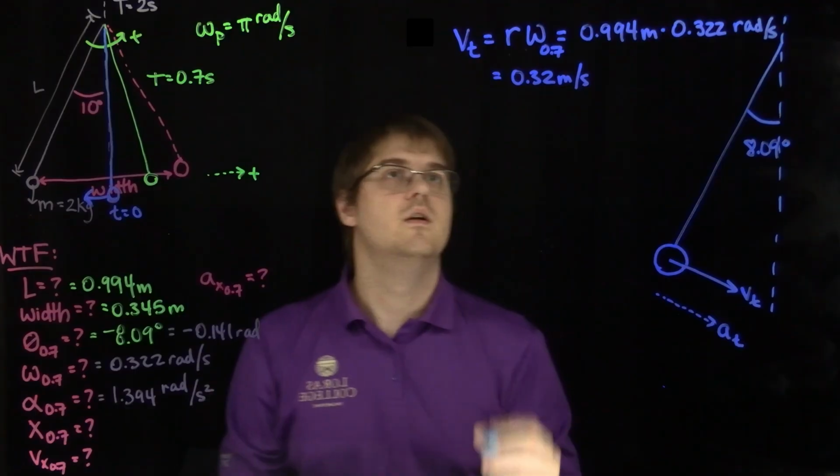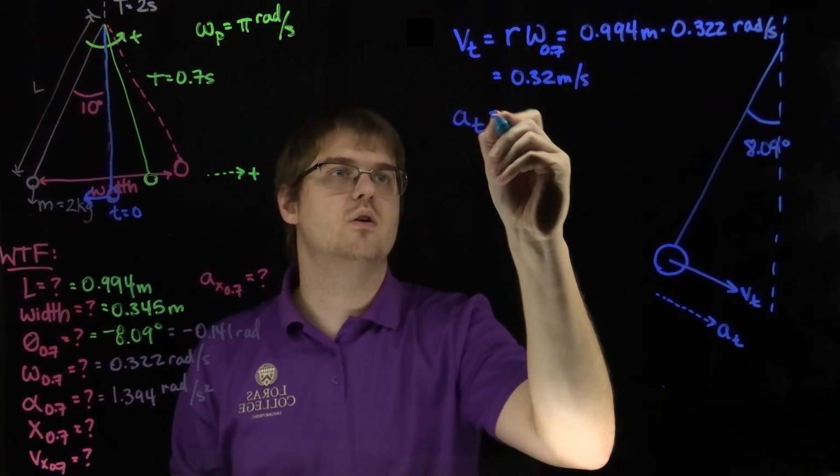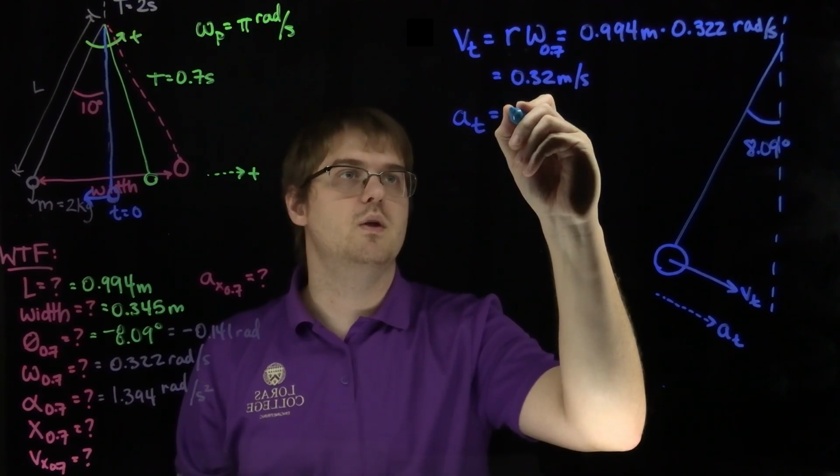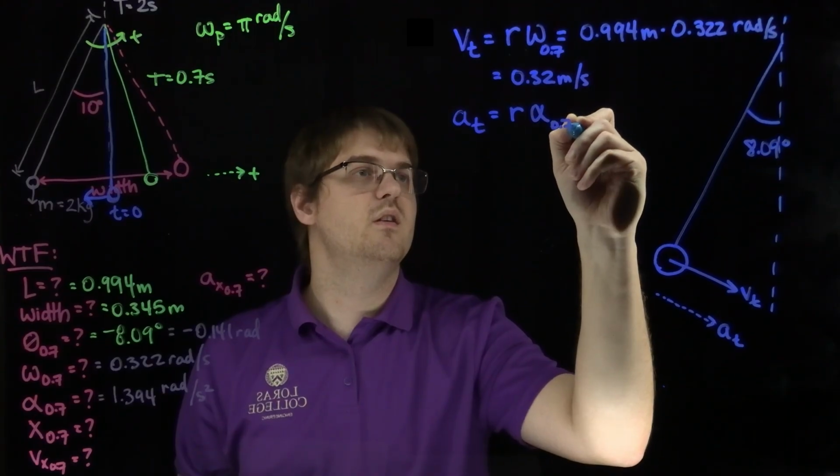However, that is in the tangential direction, that is along this rotation, it is not completely in the x. And in the same way, I can say that my acceleration total, or tangential, is going to be r times my alpha at 0.7.